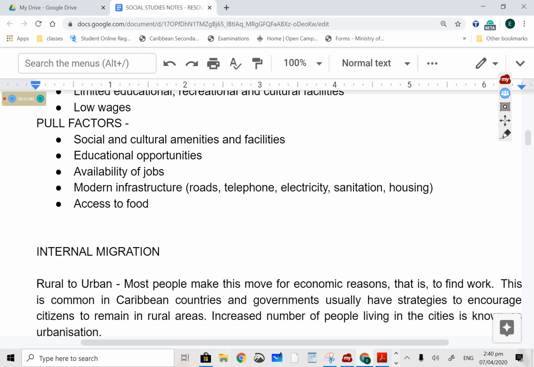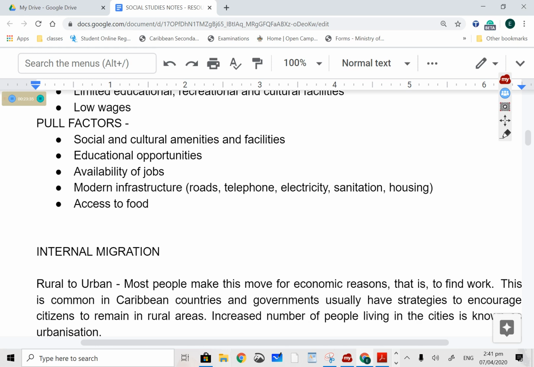Pull factors is what draws people to another area, which is almost the same thing as the push factors, but it will draw you towards social and cultural amenities and facilities, so that they will have more access to probably being able to take part in cultural activities in your country, whether it be going to see a play, going to see probably different concerts, etc. Right?